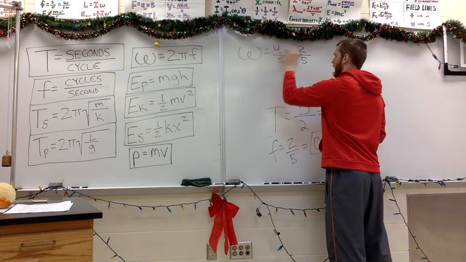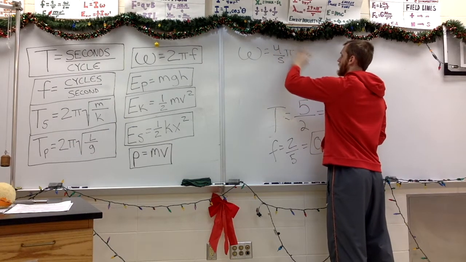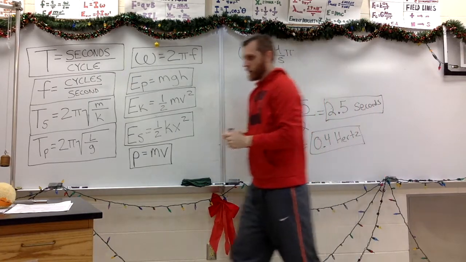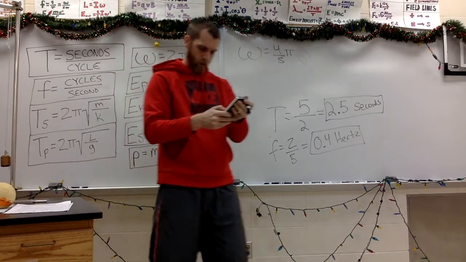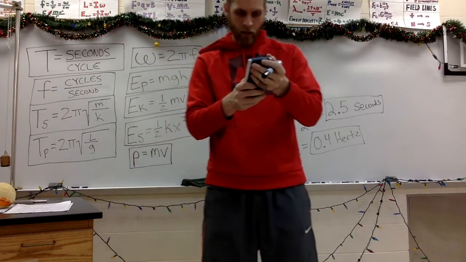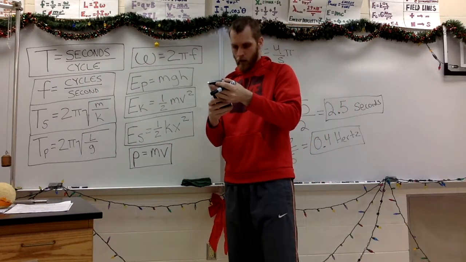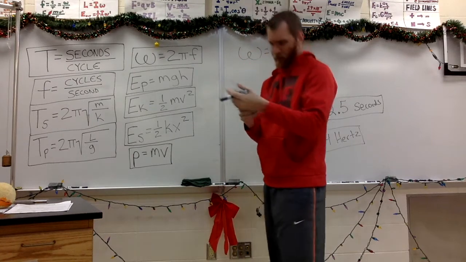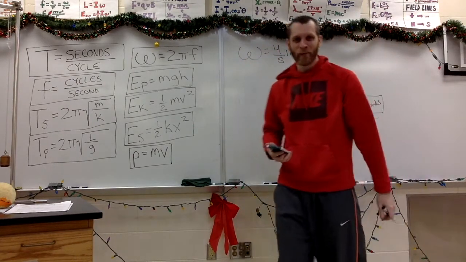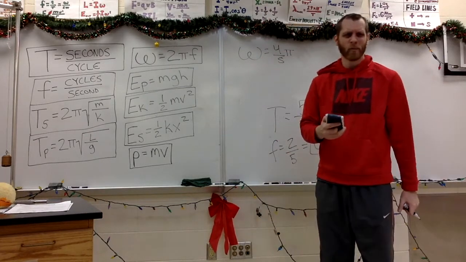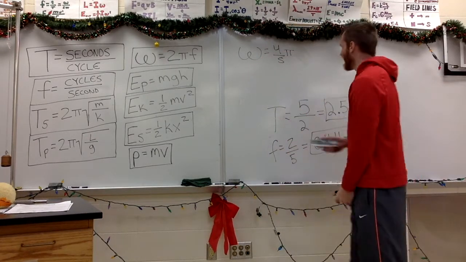Now you can calculate that if you want, and I'll just do a quick calculation with it now. 4 divided by 5 times pi is approximately 2.5. Hey, that's kind of nice. Is that 2.5 for the frequency? No, 2.5 for the period, 2.5 for the radians per second.